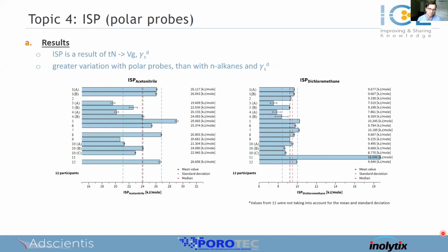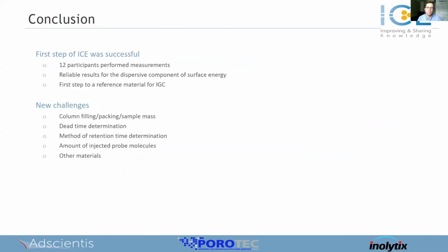This makes it much easier and leads to good values and reliability. It is important to mention that these specific interactions are used for further calculations, like we have heard, the acid-base properties.